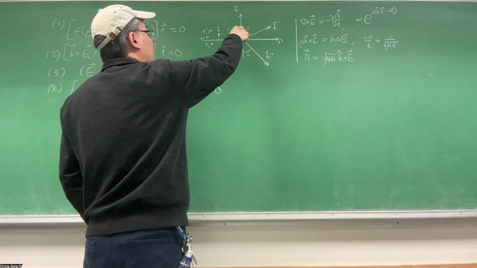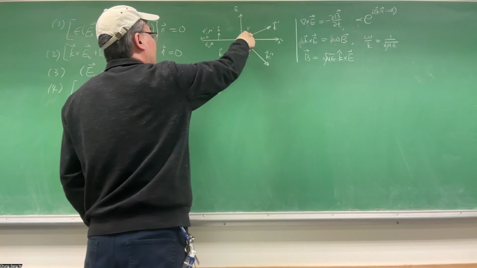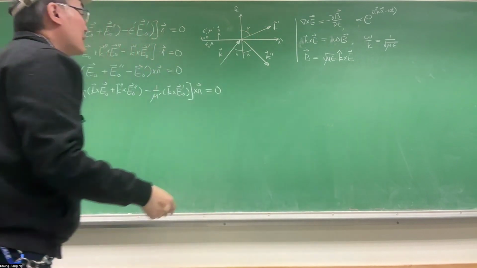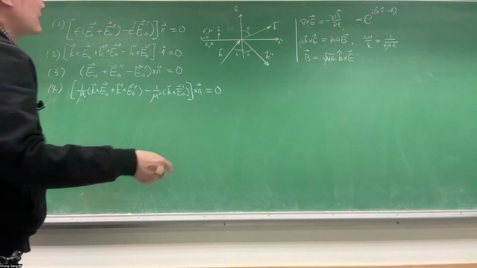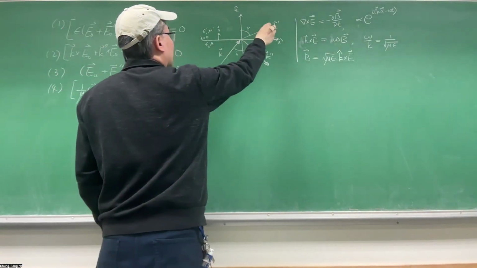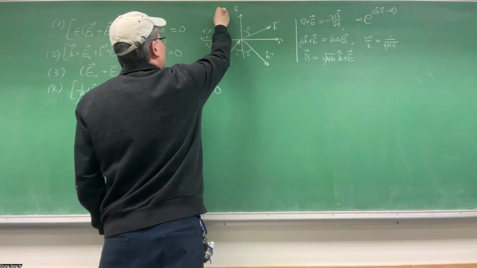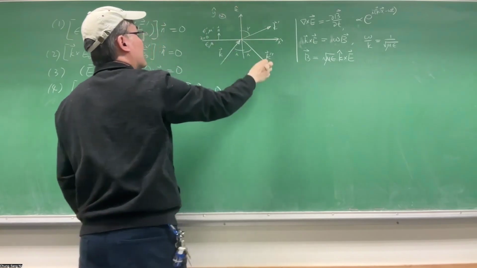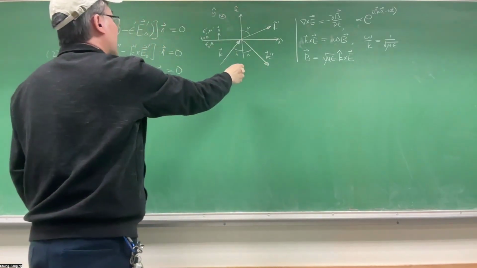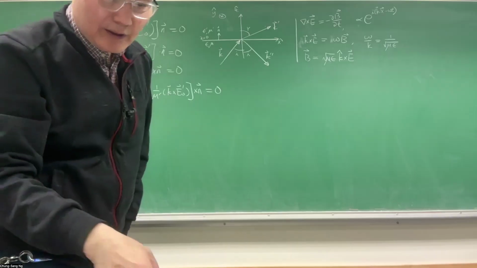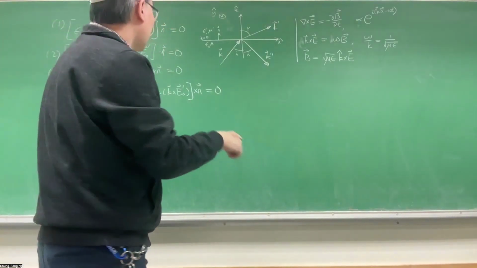So the first case is the electric field is in the y direction, perpendicular to the plane of incidence. Let's see, the y direction is going in because of the right-hand rule. So the electric field is in here.